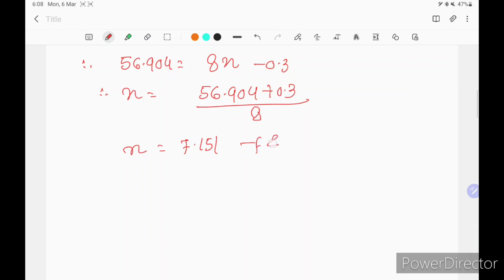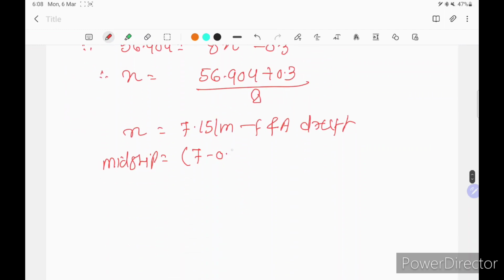This is the forward and aft draft in meters, and midship is 7.151 minus 0.05, which is equal to 7.100 meters, your midship draft.